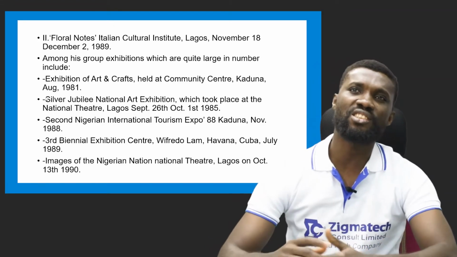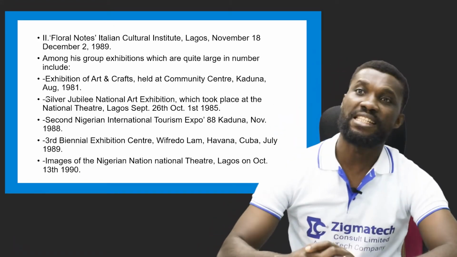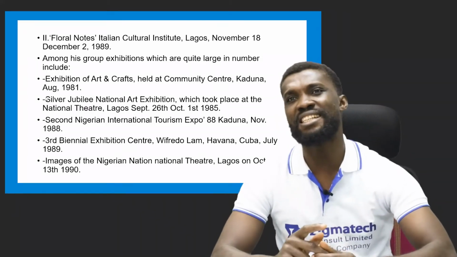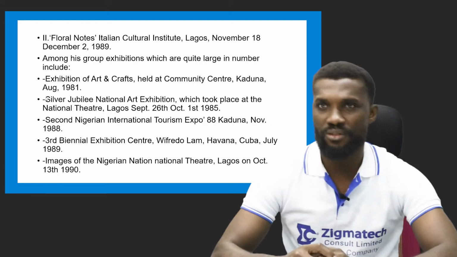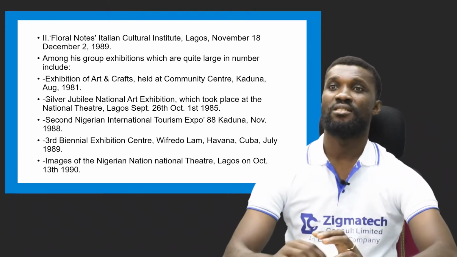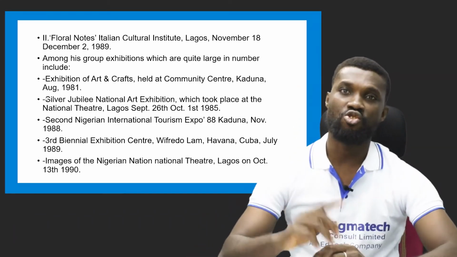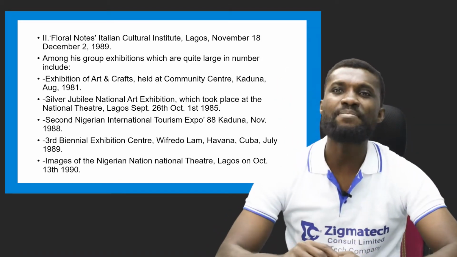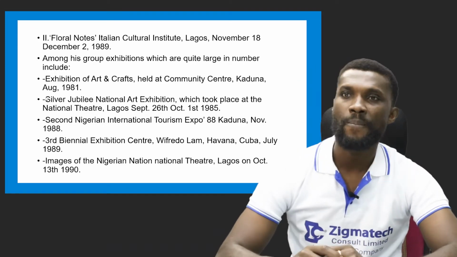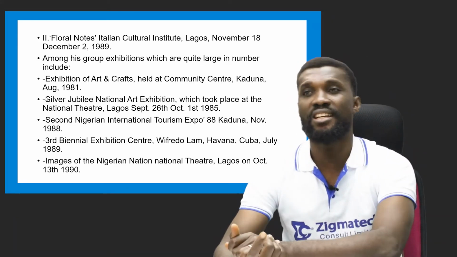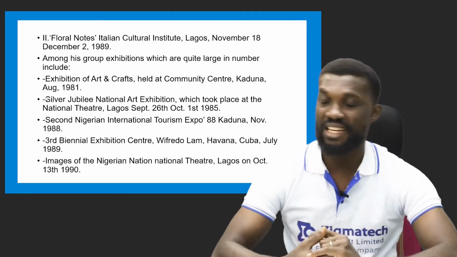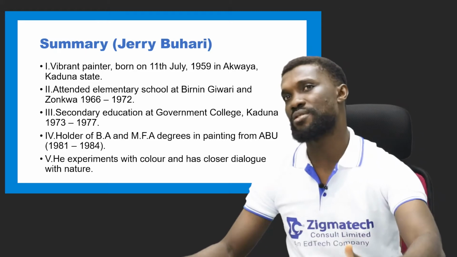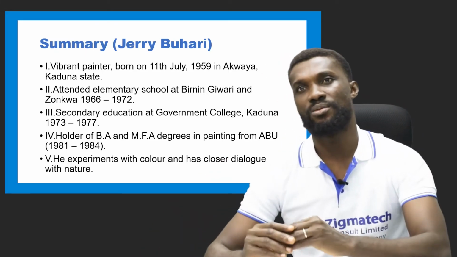Second Nigeria International Tourism Expo 88 in Kaduna, November 1988. He also participated in the third biennial exhibition in Havana, Cuba in July 1989. He also participated in Image of the Nigerian Nation, held at the National Theatre in Lagos on October 13th, 1990. So these are some of the exhibitions that Jerry Buhari did.